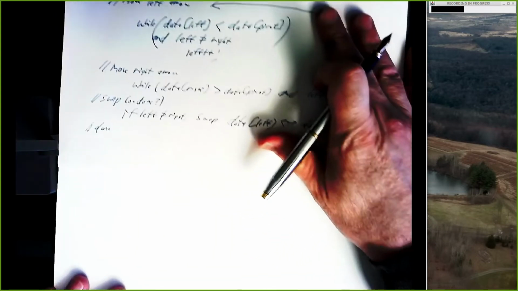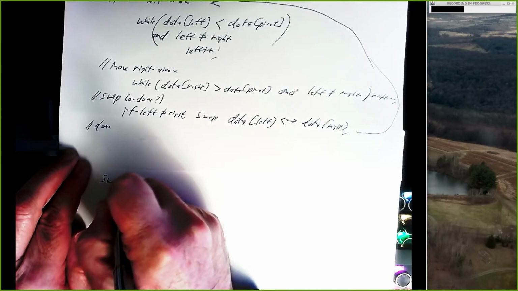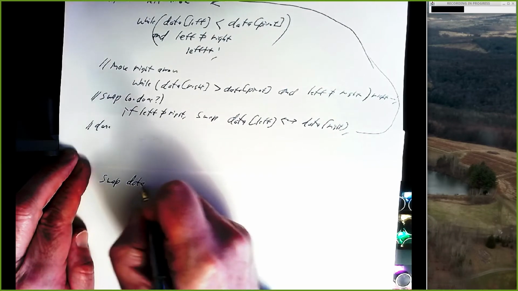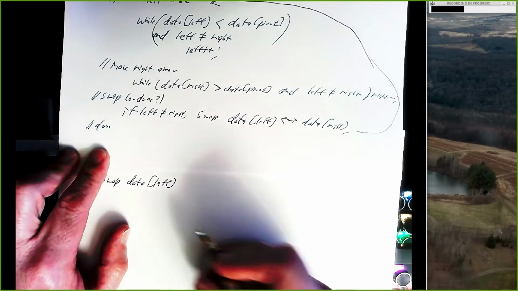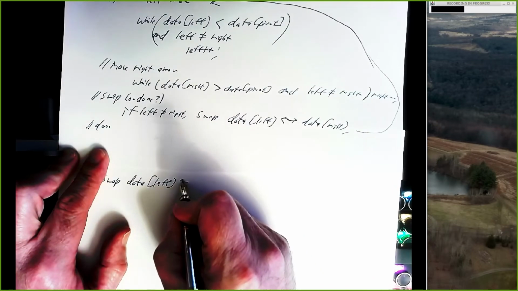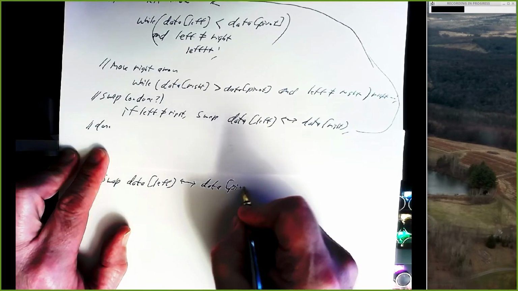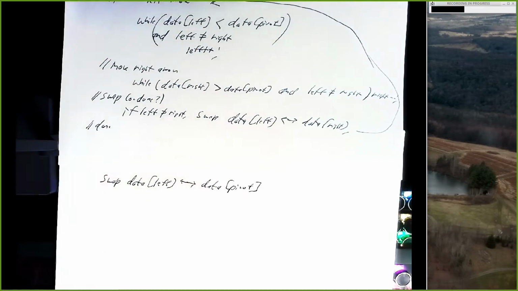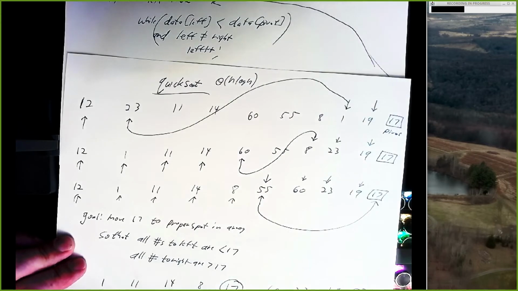And so what do we do? We swap data, and I could use left or right here because they're equal. So swap data[left] with the pivot. So that does that transposition. So now our list looks like this.